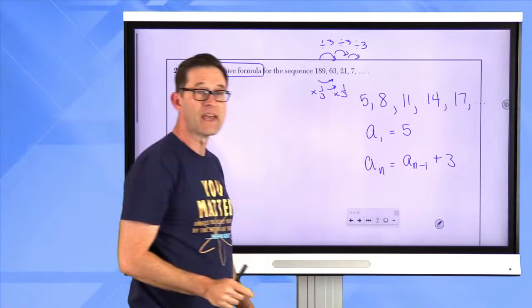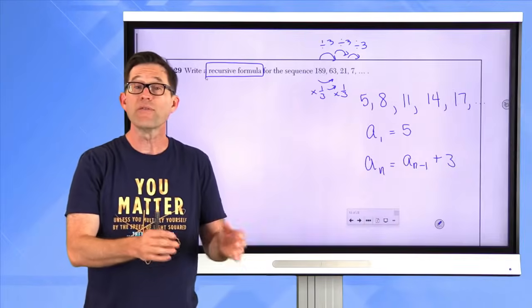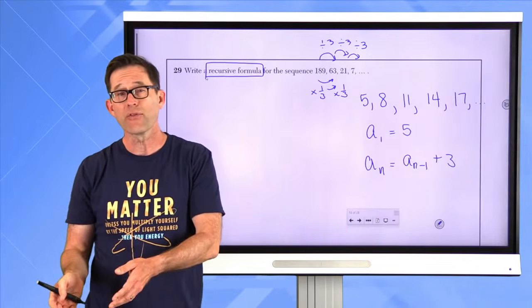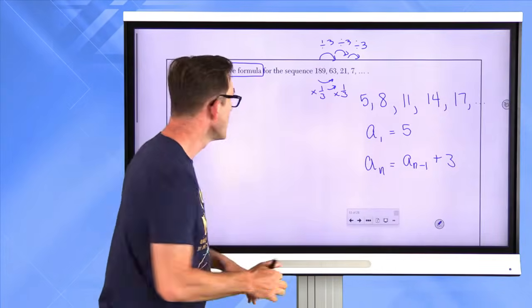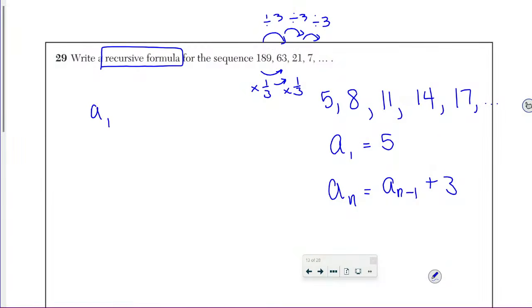To get to each term from the previous term, we're either dividing by 3 or multiplying by 1/3. So, what do I say? Well, I say my first term is 189, and every term will be my previous term divided by 3.